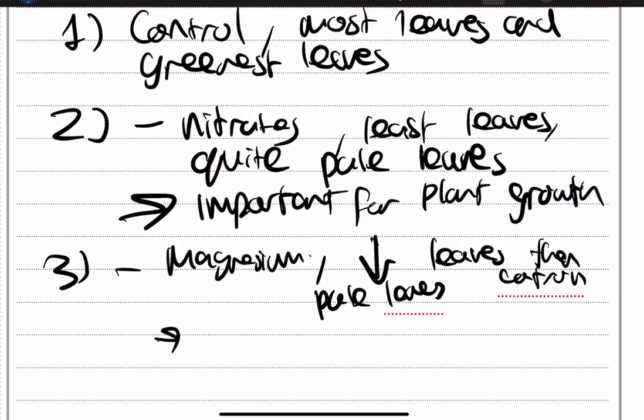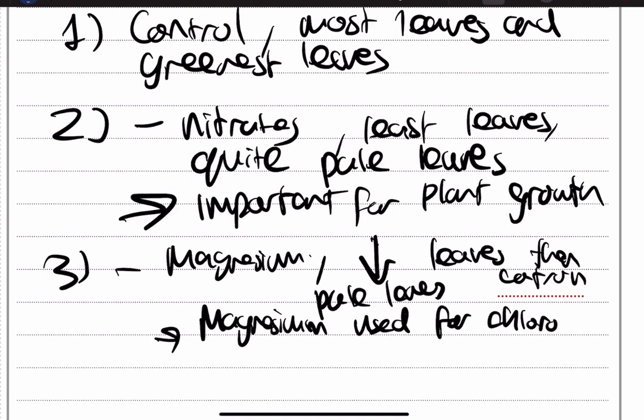It has an important role in producing chlorophyll. So if you get rid of it, you're going to have less chlorophyll, and that's why we're seeing these paler leaves, because chlorophyll is a pigment that dyes the leaves green. So if you have less chlorophyll, the leaves are going to be less green. So magnesium used for chlorophyll. Okay.